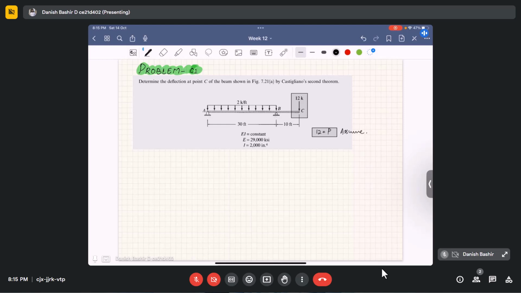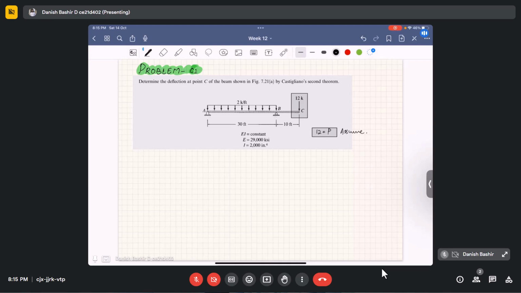After doing all the computations, wherever we get the P value, we put the value 12 kilonewton, and we will get the deflection at point C. So we have to just take the partial derivative of the strain energy of the whole system with respect to this 12 kilonewton load. We can take the partial derivative with respect to 12 kilonewton only if we assume this to be a variable, okay.